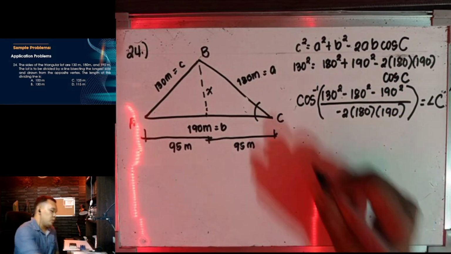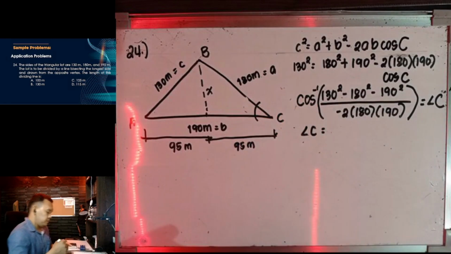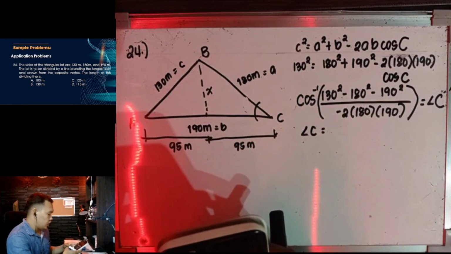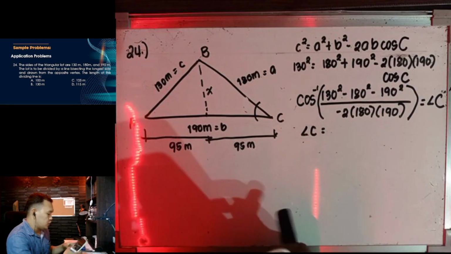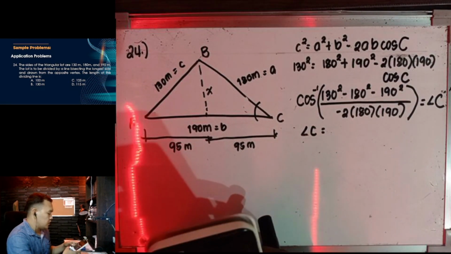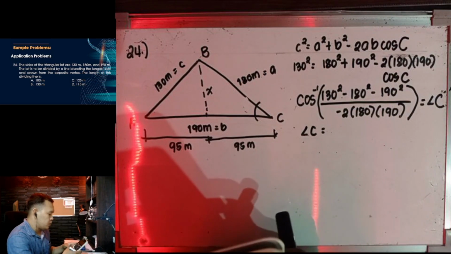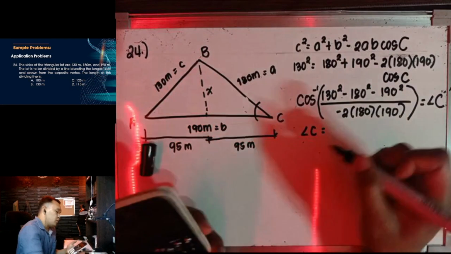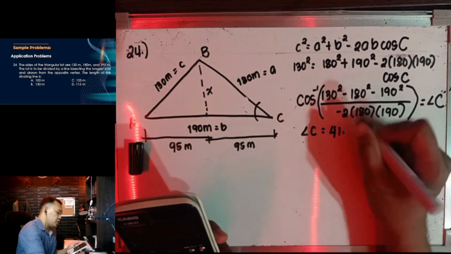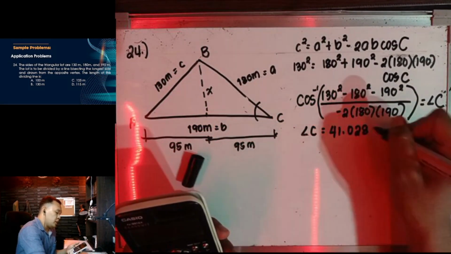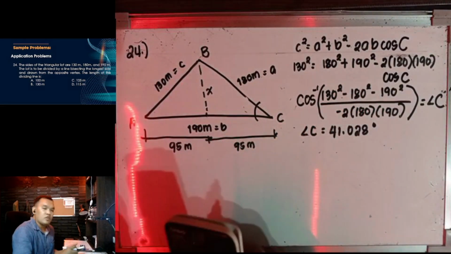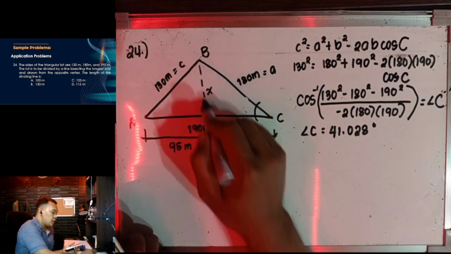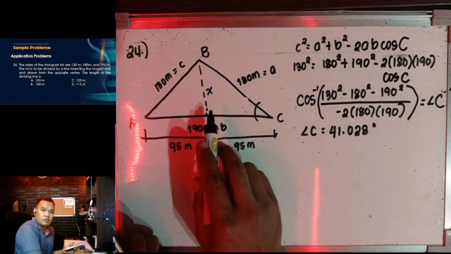So, lalabas, we have angle C is equivalent kay arc cosine 130 squared minus 180 squared minus 190 squared all over negative 2 times 180 times 190. Therefore, angle C is equivalent kay 41.028 degrees.